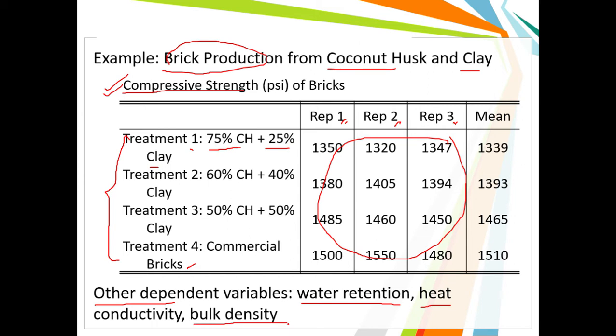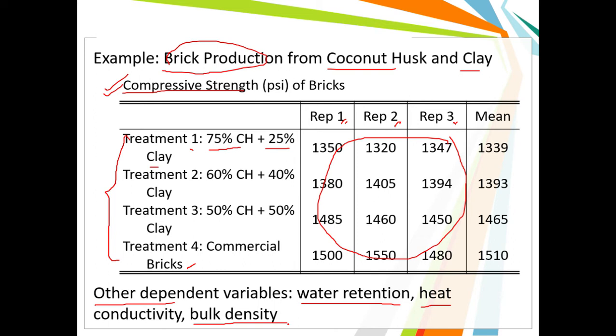So in other words, apat na one-way ANOVA computations yung gagawin natin. Isa for the compressive strength, one for the water retention, one for heat conductivity, and another one for the bulk density. Apat na one-way. Because isa ang independent mixing ratio. Apat yung dependent: compressive strength, water retention, heat conductivity, and bulk density. Okay? So yan yung ating CRD or the complete random design.